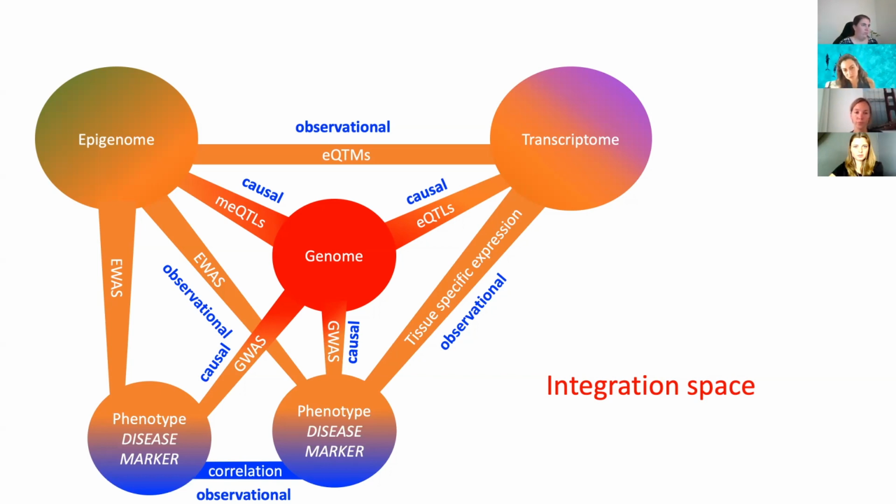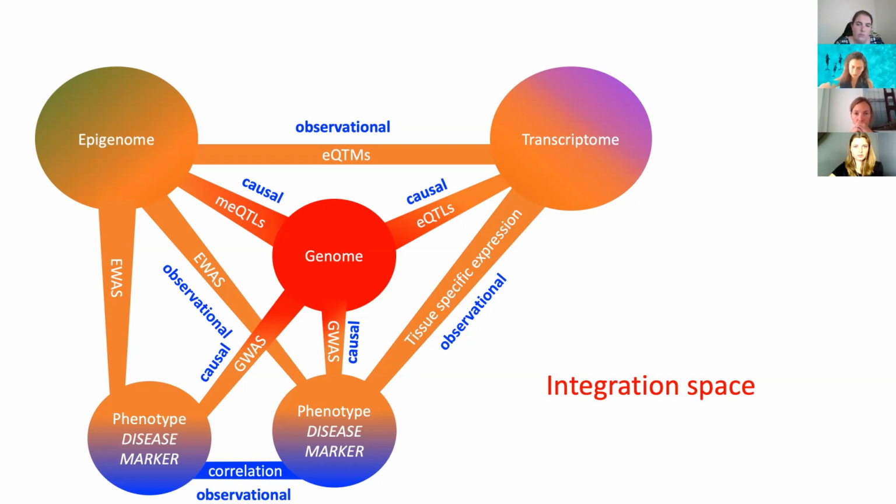So what we do, we try to remain on the causal bridges. So linking a phenotype to epigenome, you can run an EWAS, but if you check these links with genome, then you are on the causal path. This is very important for interpreting data, especially when observational links are also included.